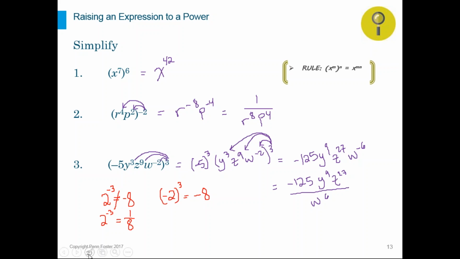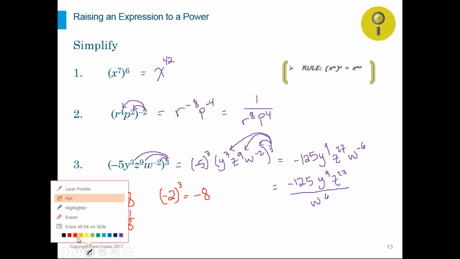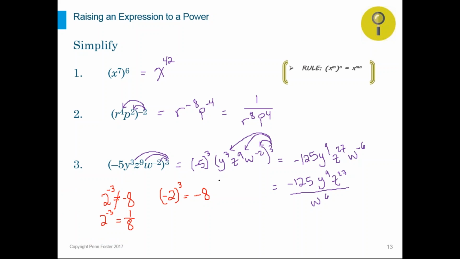Another rule I want to share with you to keep in mind is that when we are raising a negative number to an odd power, so -2 to an odd power like 3, like 7, like 5, like 9, that will result in a negative answer, -8.